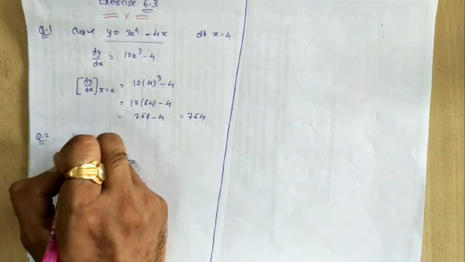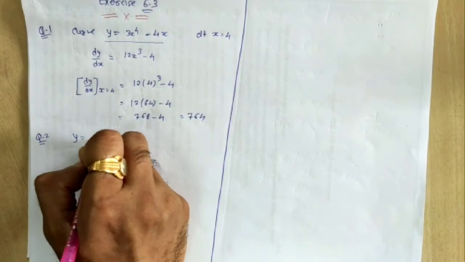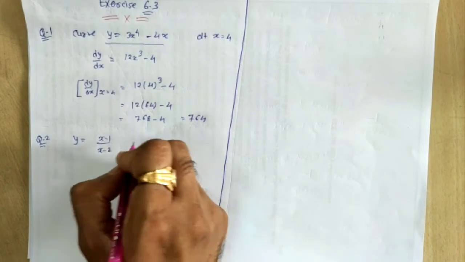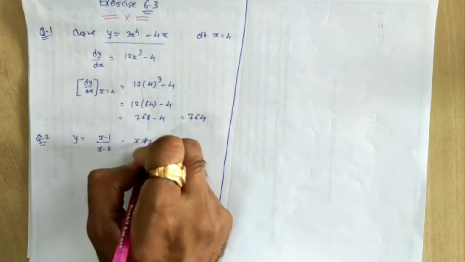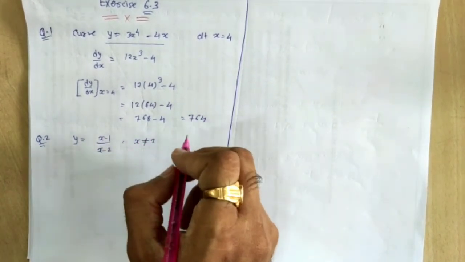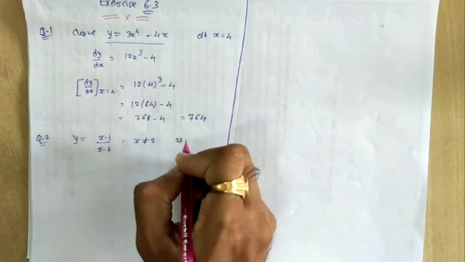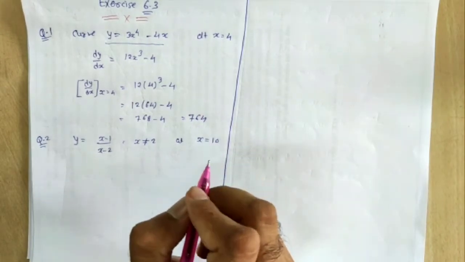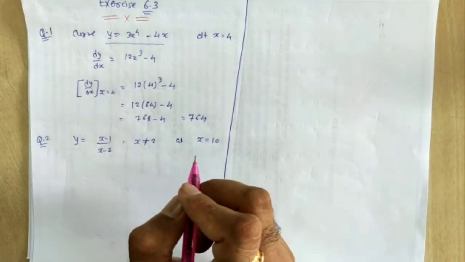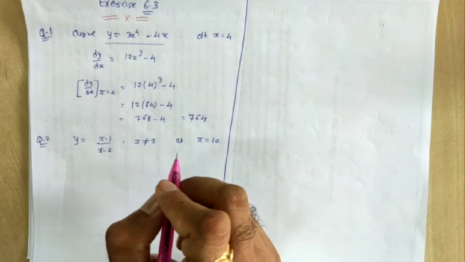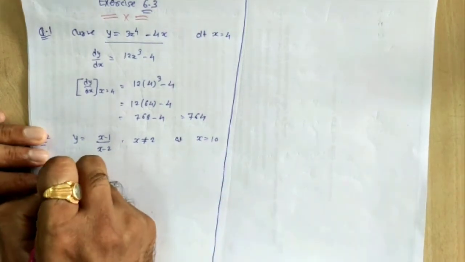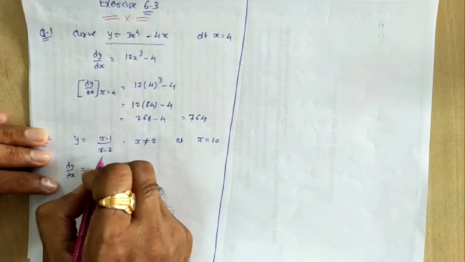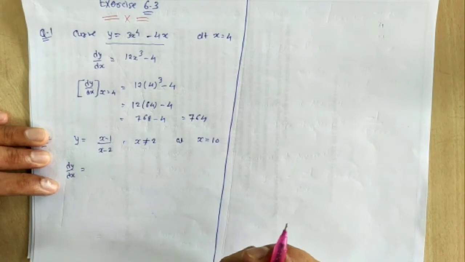Done. Now next question. Find the slope of tangent to a curve. The given curve is y equal to x minus 1 divided by x minus 2. The condition is x must not be equal to 2, because if it is 2, it becomes 0 in the denominator and goes to infinity. At which point? At x equal to 10. So here you have to consider differentiation. dy by dx equal to, we apply the quotient rule.